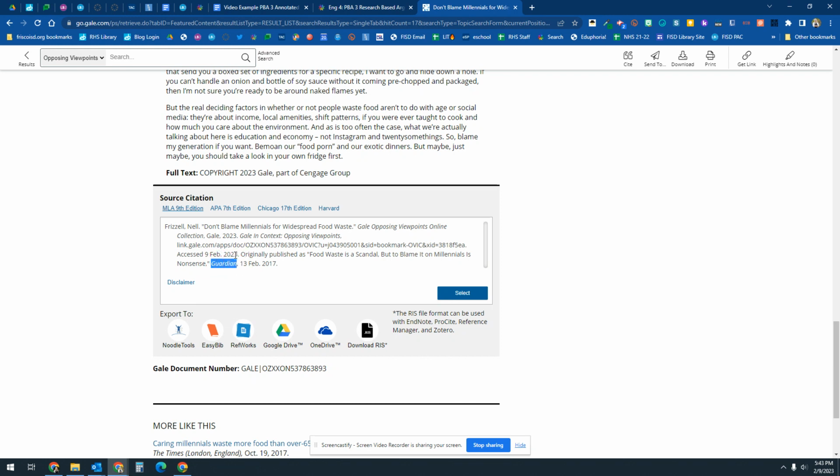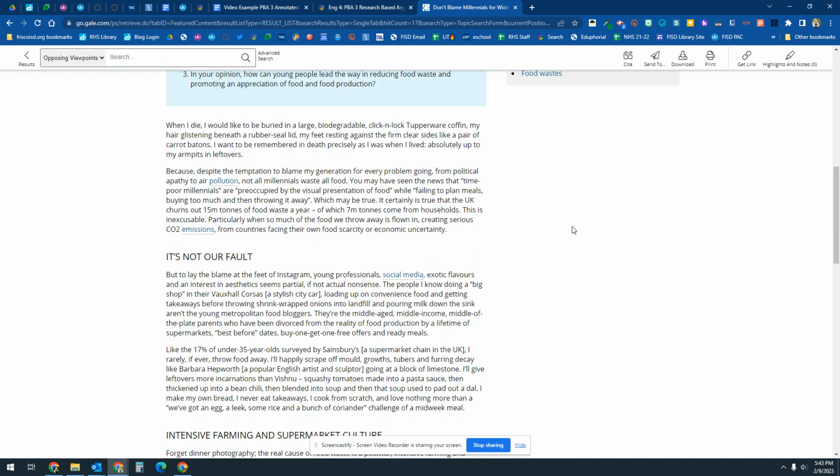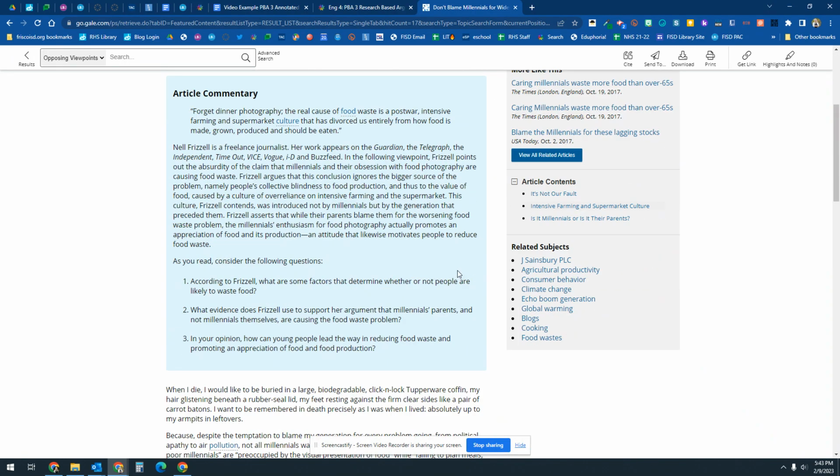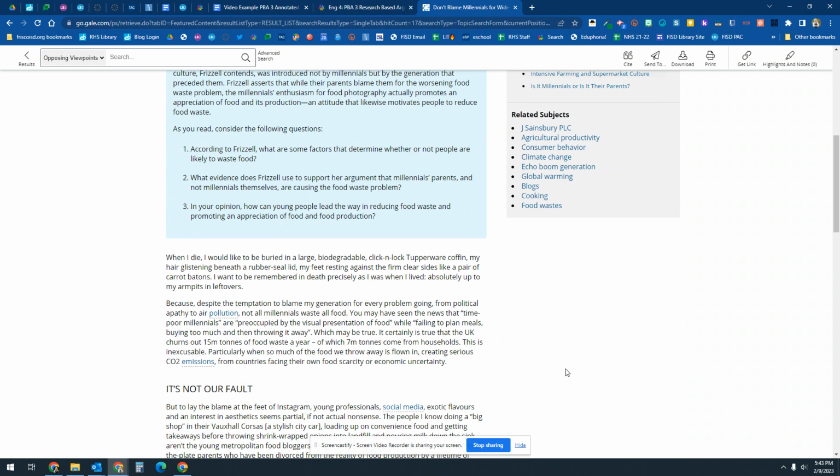So Guardian is what you would put in the Media Bias Fact Check website to check what is the media bias of Guardian. But then you would also read the article to determine, because even though Guardian may have a left or right or center or whatever their bias is, you want to check and see, because the article, even though it appeared in a left center or a right center publication, doesn't necessarily mean that that journalist has the same bias that the publication does.